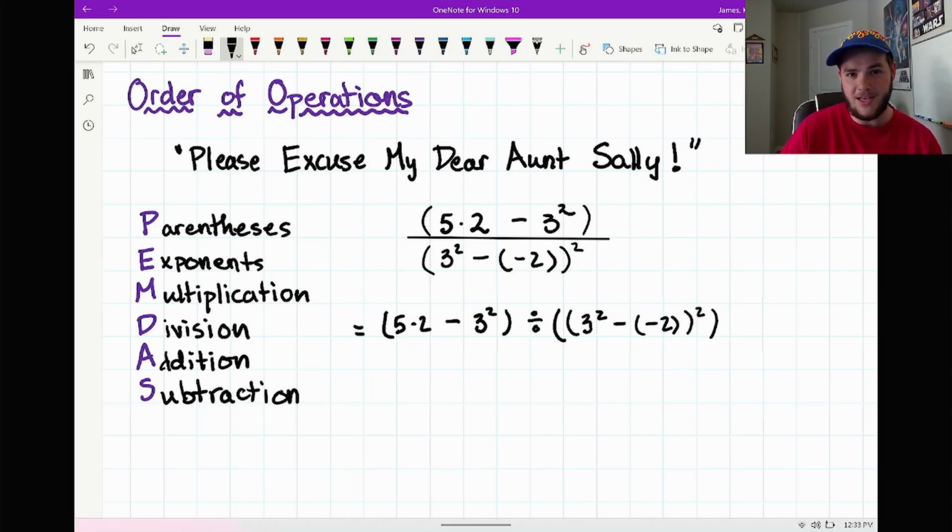Now, it's a little bit easier to see that these parentheses are my innermost ones. But there's nothing inside those ones that I need to simplify. So we'll move out a set of parentheses.